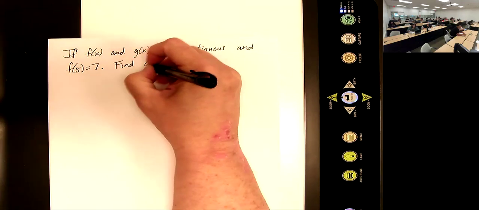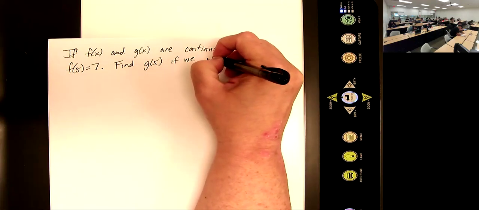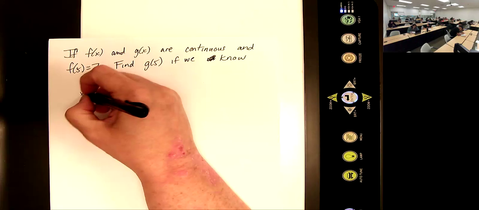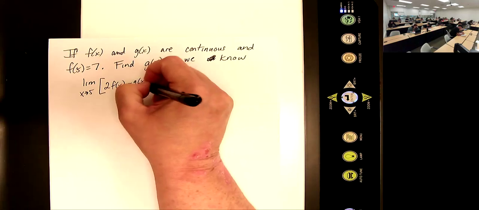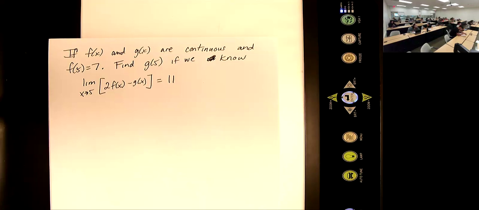Find g of 5 if we know that the limit as x approaches 5 of 2 f of x minus g of x equals 11. It feels like a made up problem just to make you think about what's going on. I can't ever see a situation where you have this kind of information, but it does make you think about it.